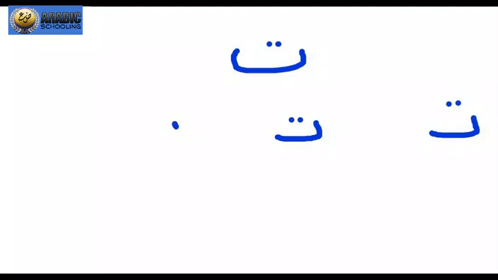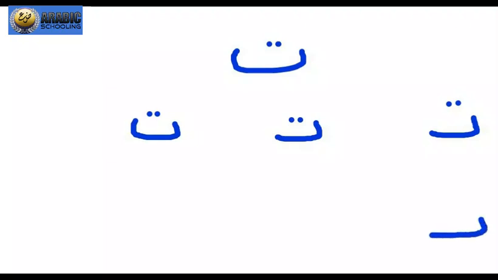The same thing with the Ta. You write the same Ta, but you don't close it. In the middle, you write the same Ta, and you don't close it on the left side. And at the end, you just close it because there is nothing after. Same thing with the Tha.